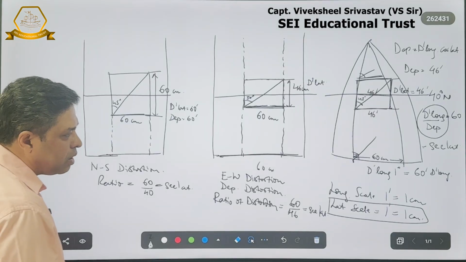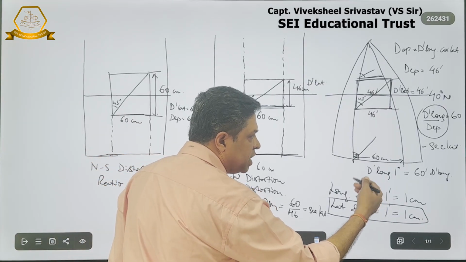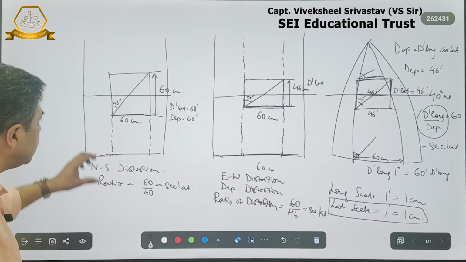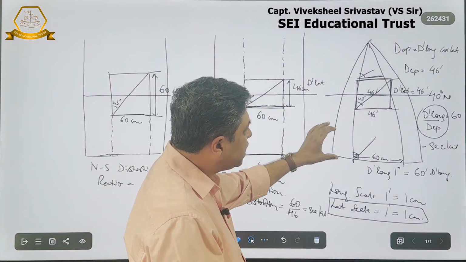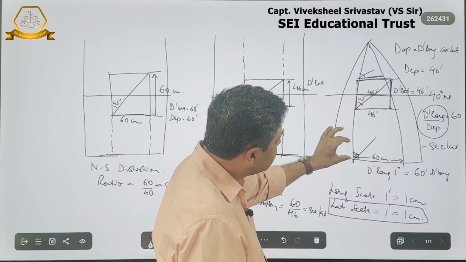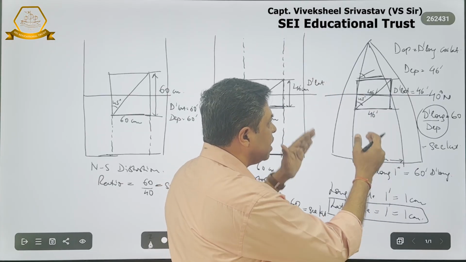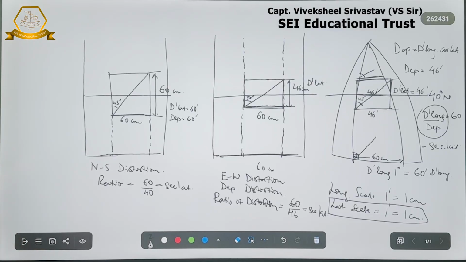So here 1 minute of latitude, or 1 mile of distance, was 1 centimeter. Distance is measured on the latitude scale. Because the latitude scale is over here, you can see it is the same. The longitudes are converging, so hence we have to measure the distances on the latitude scale.